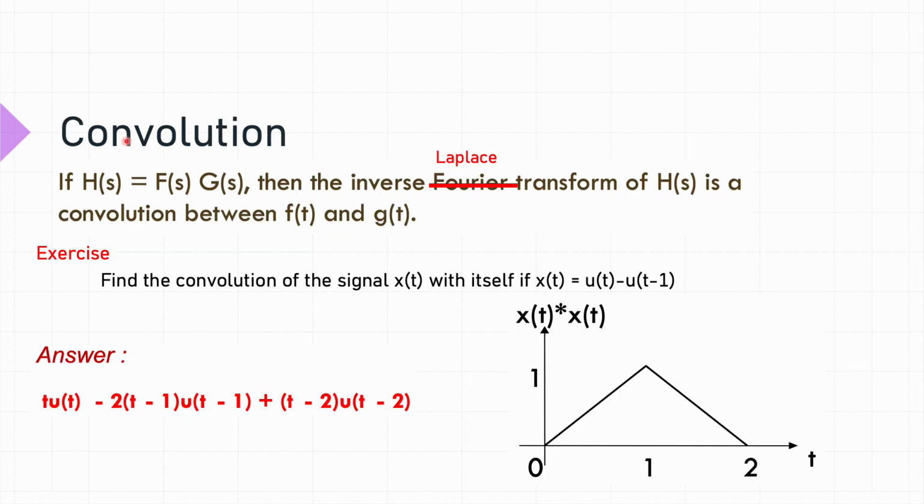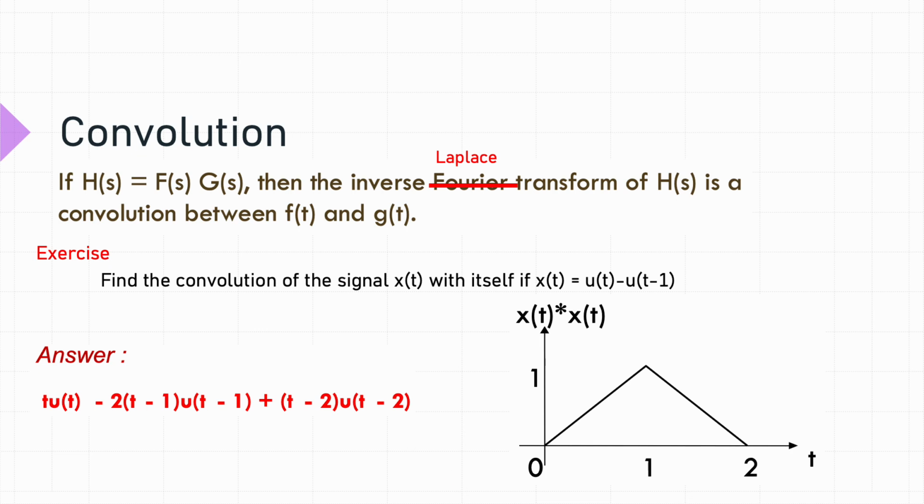Okay, let's look at another operation, which is convolution. If H(s) equals F(s)G(s), then the inverse Laplace transform of H(s) is a convolution between the f(t) signal and the g(t) signal.